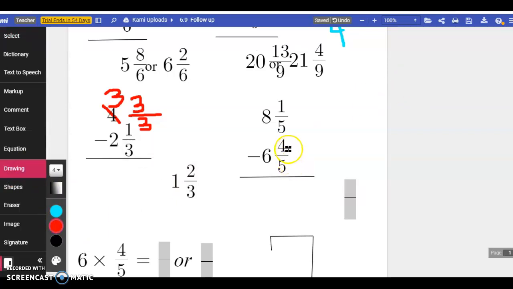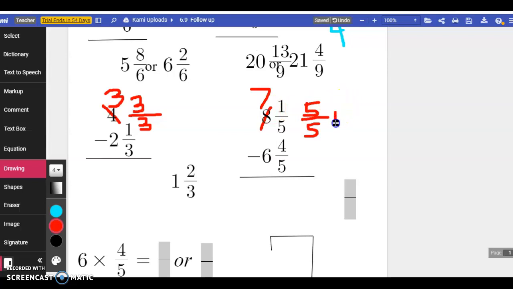Okay, same thing over here. We cannot take 4 from 1. So we're going to have to change that. I'm going to do it a little different this time. Five-fifths would be a 1.